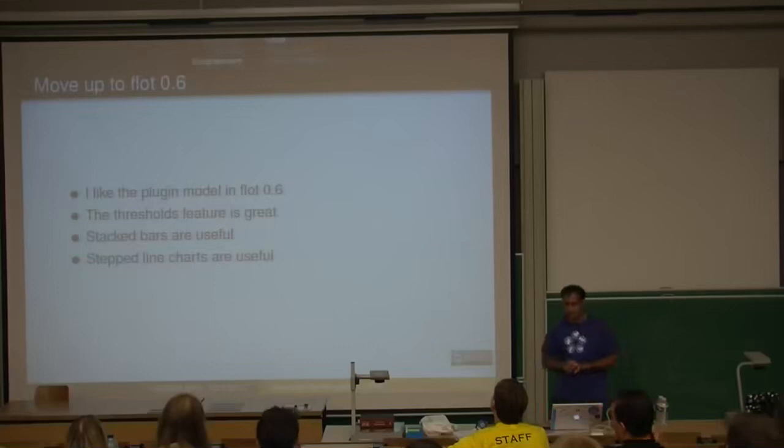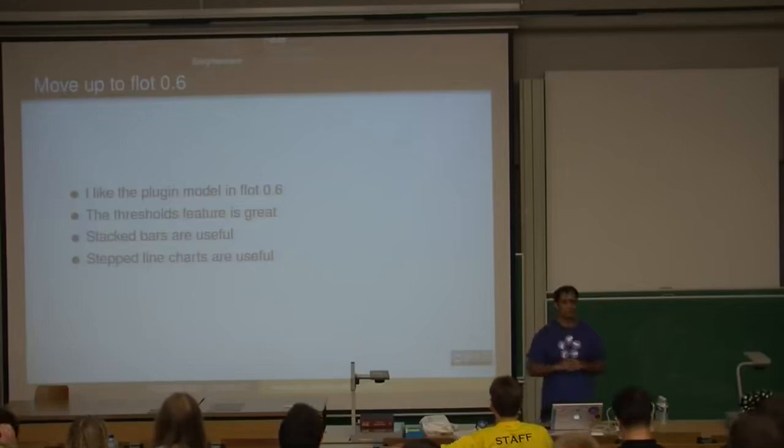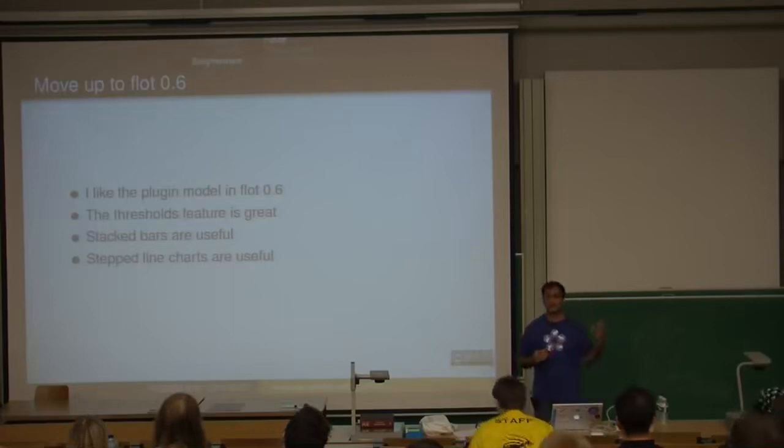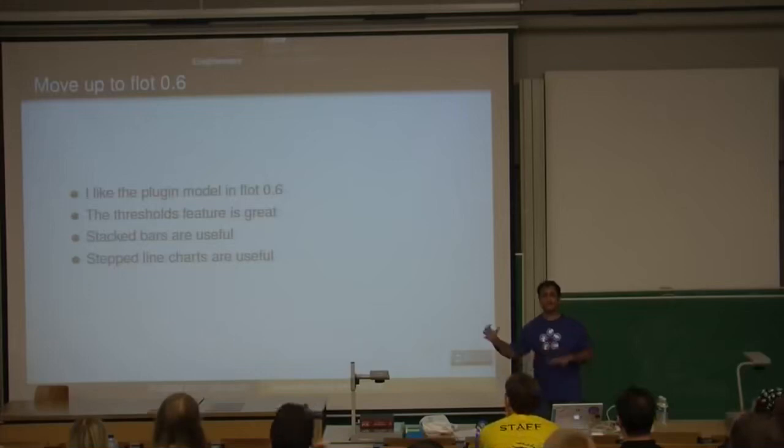Things I'm looking at in the future. First of all, move up to Flot 0.6. There are some new features. 0.6 has a plugin-based model. jQuery itself has a plugin-based model and Flot is one of those plugins for jQuery, and Flot itself designed a plugin model, so now you can define plugins for a plugin for jQuery.